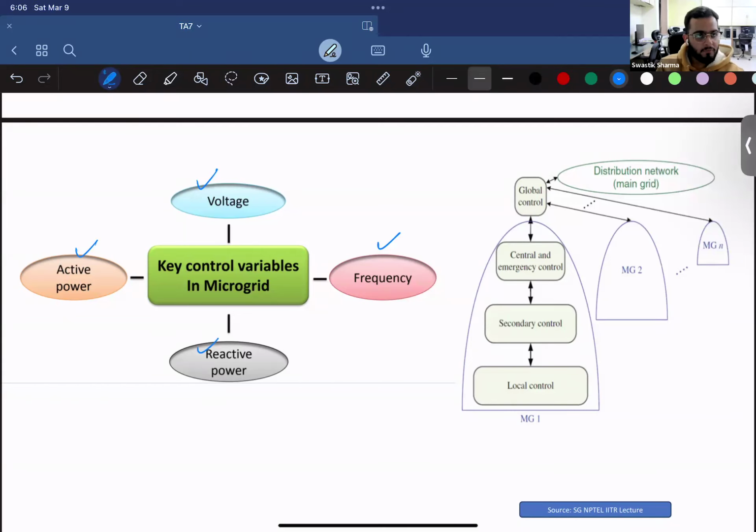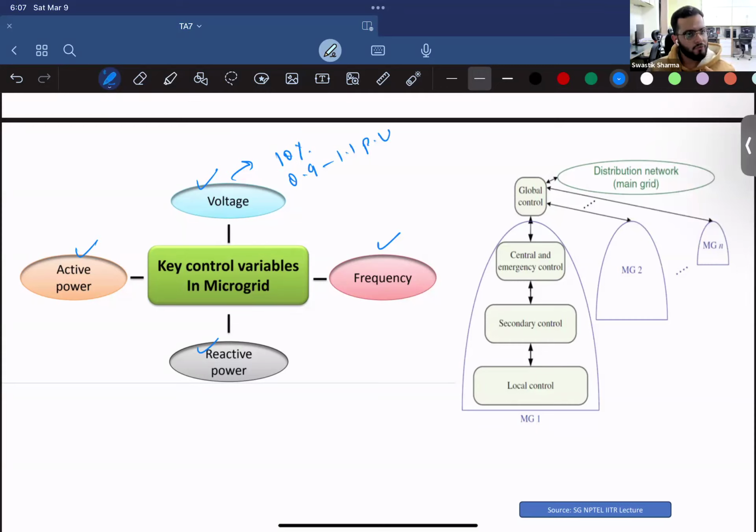We all know that for a power system to behave reliably and efficiently, there is a limit set on both voltage and frequency. Voltage generally allows a 10% band, that is from 0.9 to 1.1 pu.